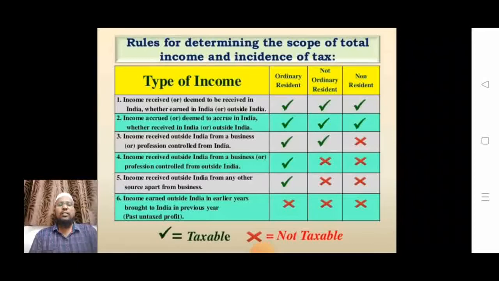If the person earned the income in India, which is received in a foreign country or in India, in all three situations it is taxable.